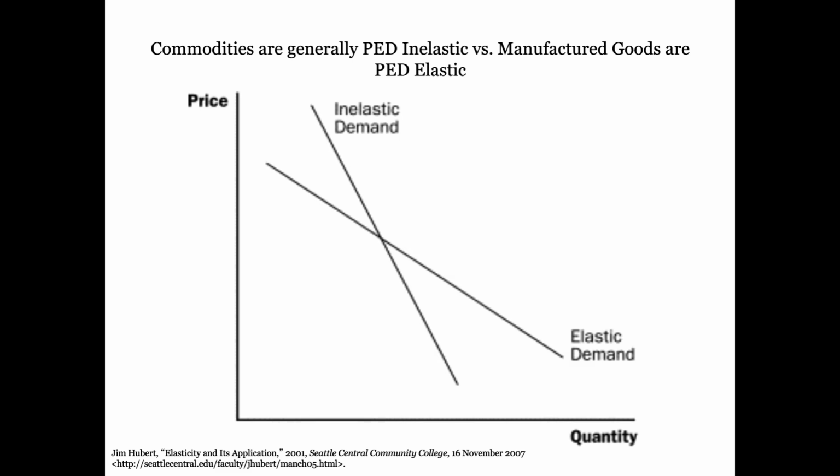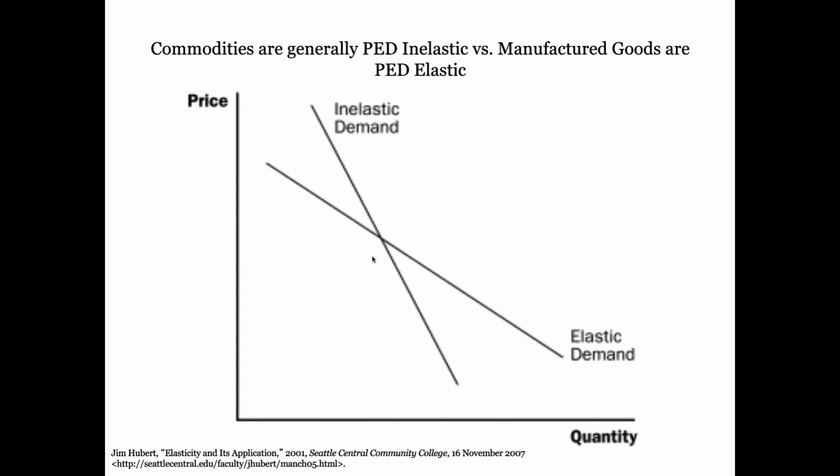This is important for a couple of reasons. A lot of developing countries, LEDCs, which tend to have lower GDP per capita, sell a lot of raw materials and a lot of commodities. So what that means is that if there's ever a change in price for the goods in those countries, there's going to be a huge change in price relative to the change in quantity, which makes the income from exports in those countries unpredictable.